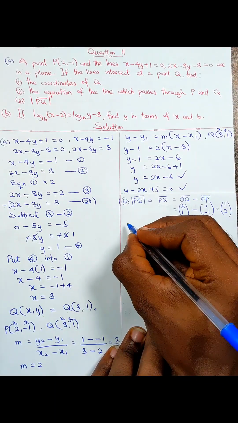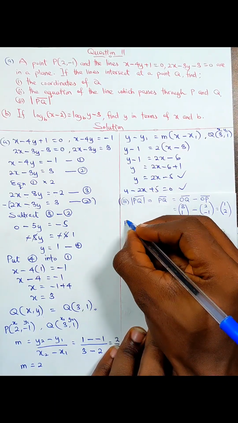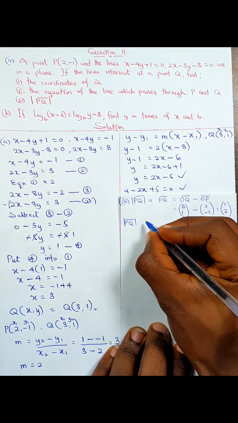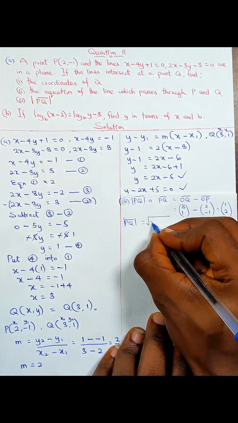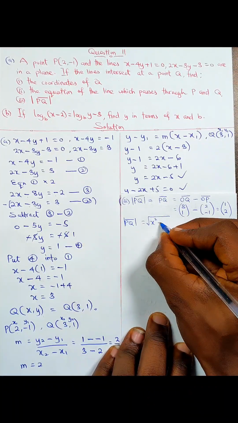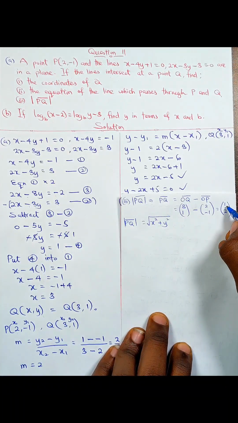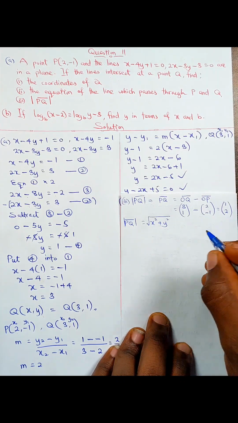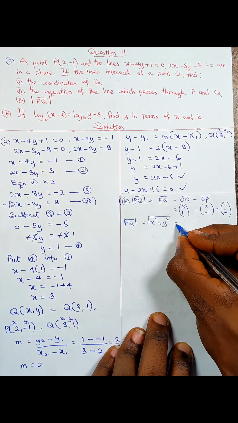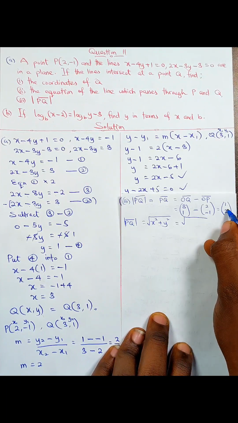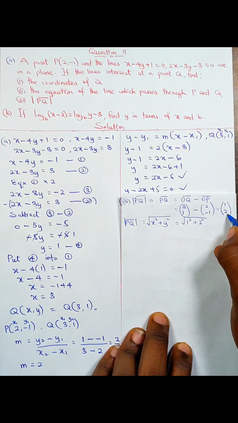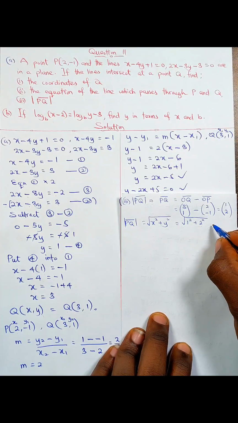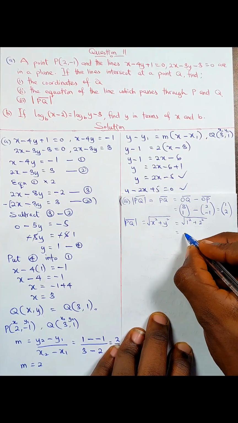So finding the magnitude, we now know the PQ vector length is equal to, use this formula, which is what? The square root of x squared plus y squared. That is the x component squared plus the y component squared, which is going to give us, x is 1, so 1 squared plus 2 squared, where the 2 is for the y.